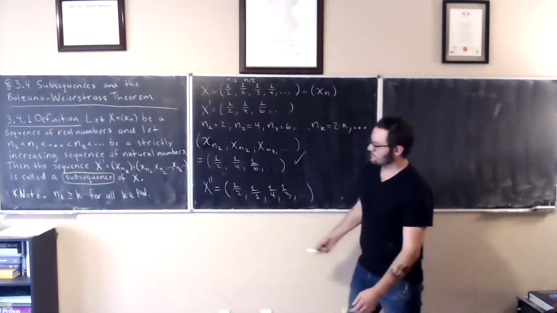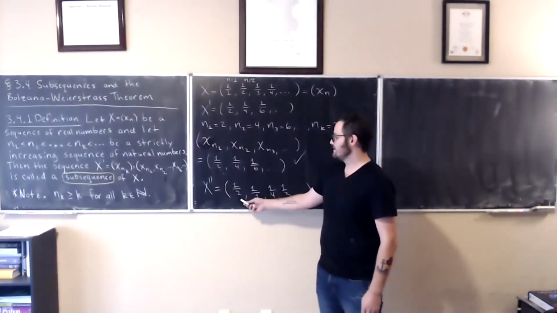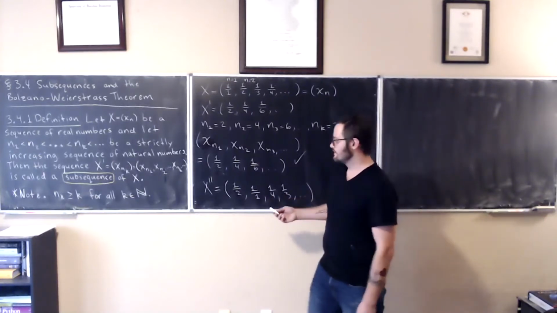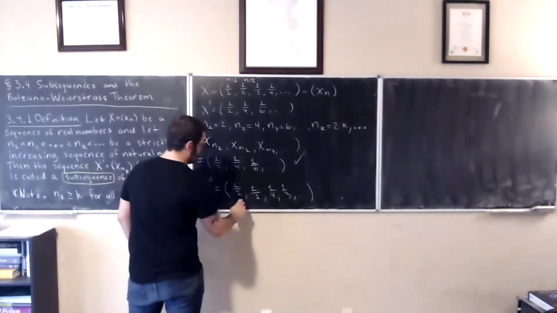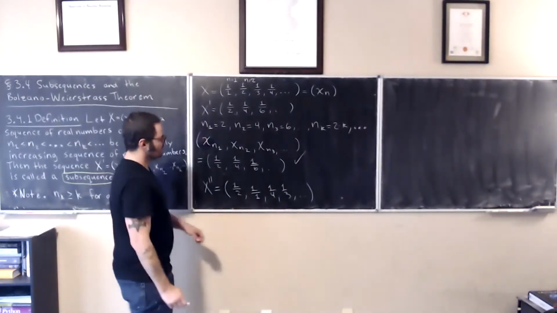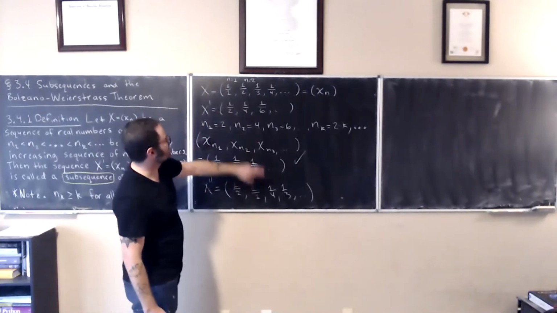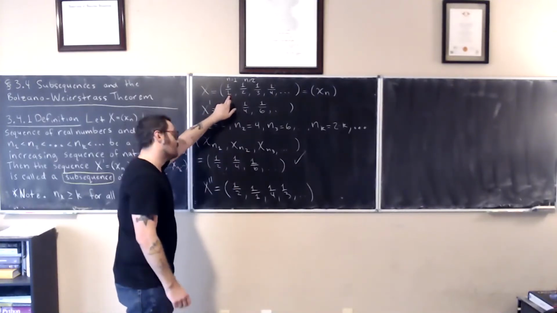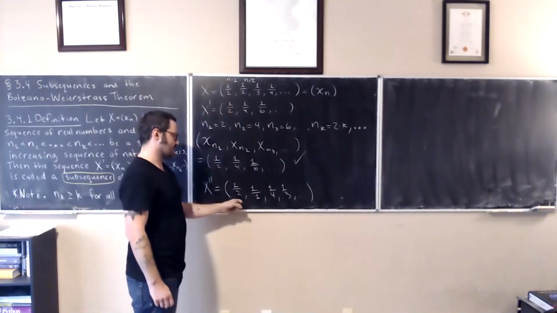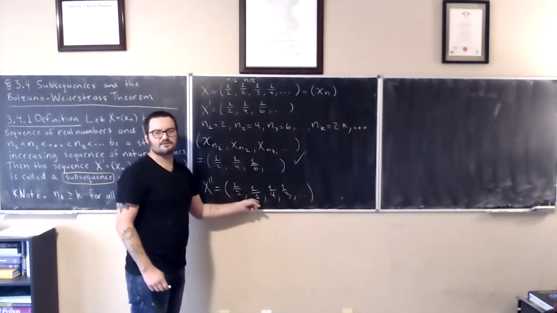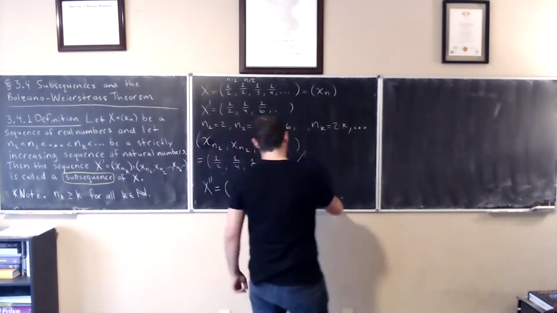Well, the indices corresponding to this entry and this entry, they're not increasing, right? So if this was your n sub 1, and that was your n sub 2, that entry from the sequence at index 2, that index from the sequence has index 1. So the index corresponding to this entry is bigger than the index associated with that entry. So this would be bad.